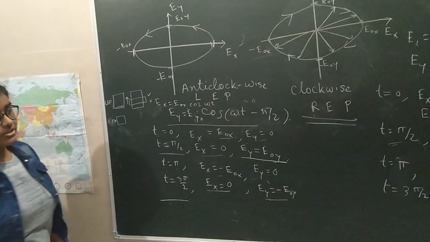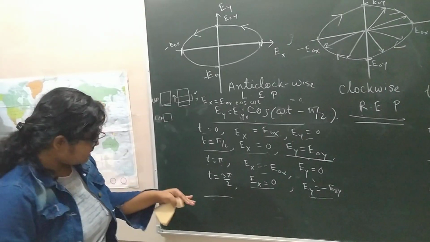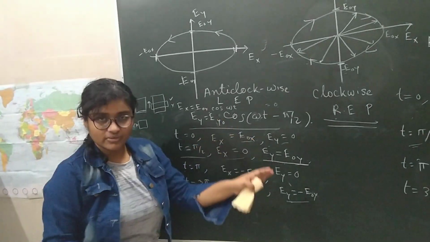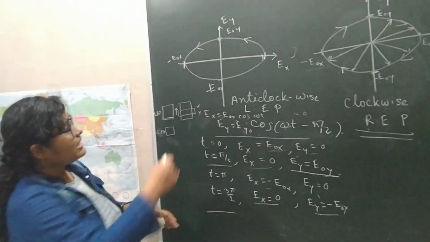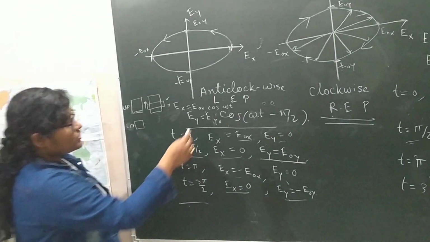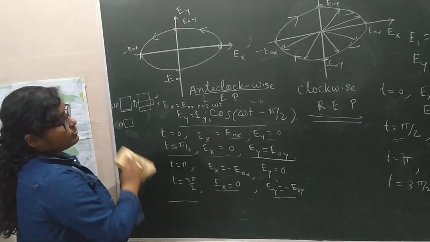So you find out, at t equals 0, t equals pi by 2, t equals pi, and so on, the components of the electric field along x and along y at each time, and you can easily find out the rotation of the electric field vector. So this is the anti-clockwise rotation. So this is the left elliptically polarized light.